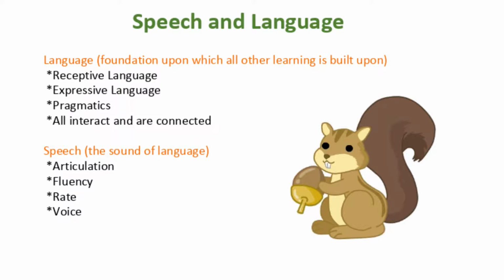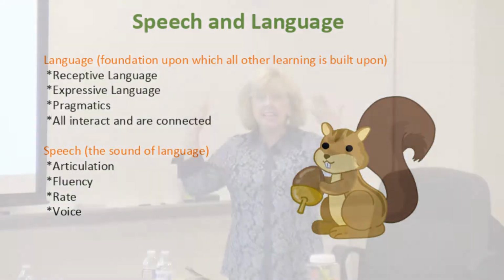Language is what you use to be able to take in information and process information that you've heard or read and attach a meaning to it. That's receptive language, basically your listening skills. To share information, you put words into sentences to share your thoughts and ideas. That's expressive language.